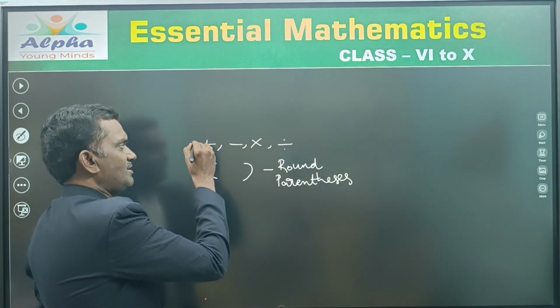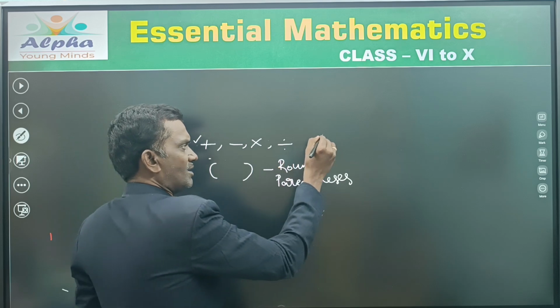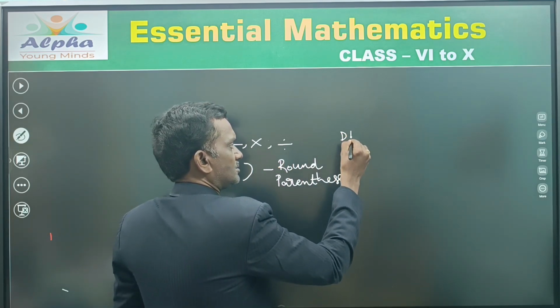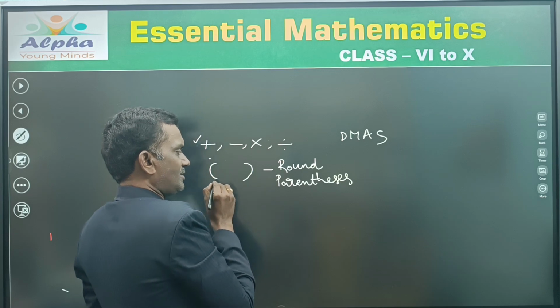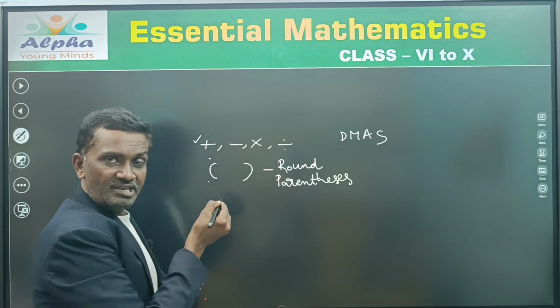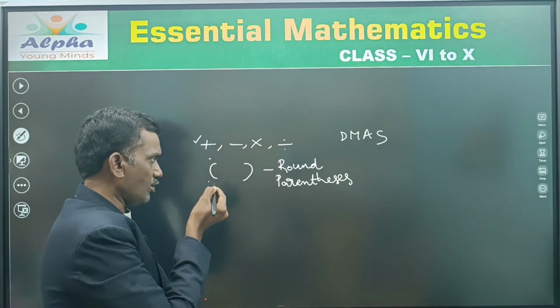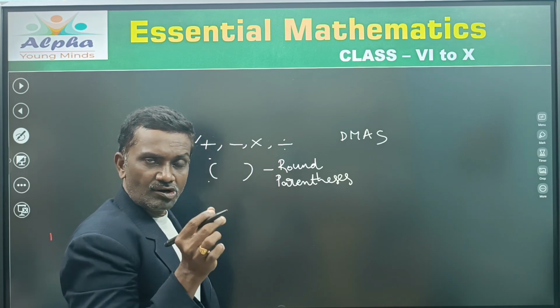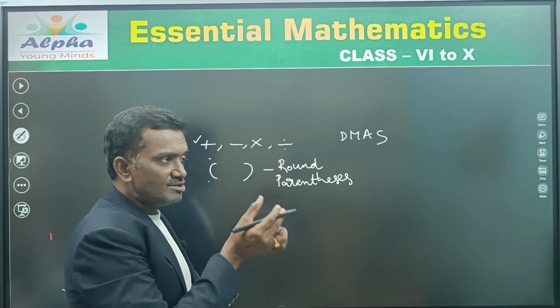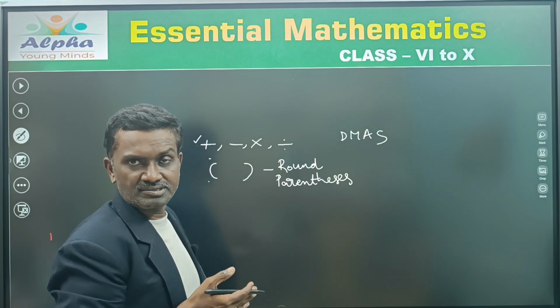While explaining this, I told you about BODMAS. While explaining numerical expressions involving these brackets, I told you first to perform the operations in the brackets and then to go according to BODMAS.